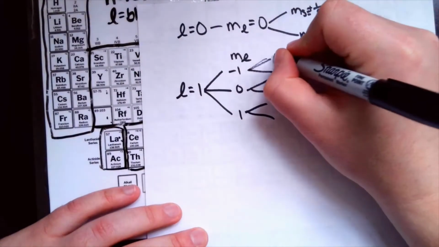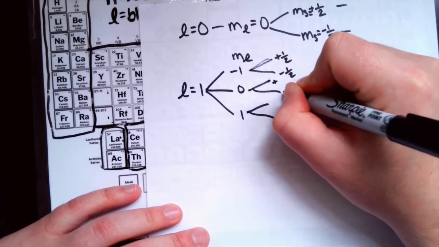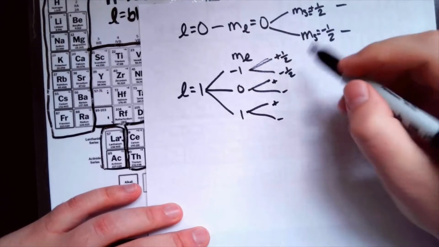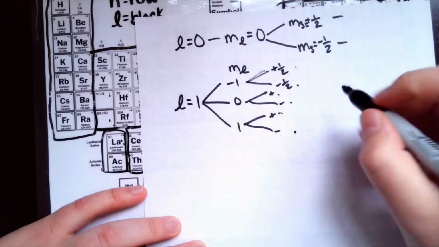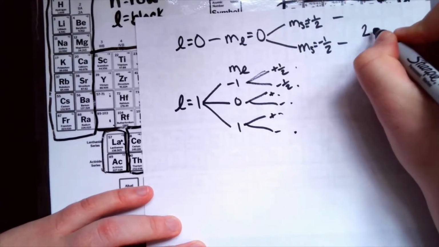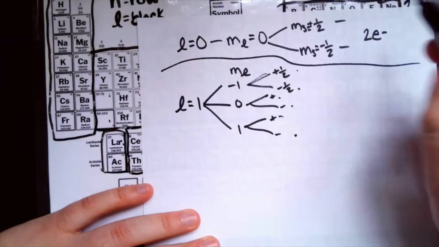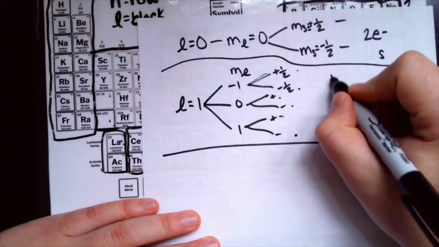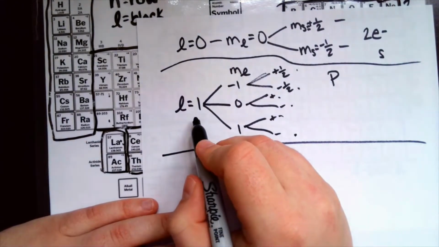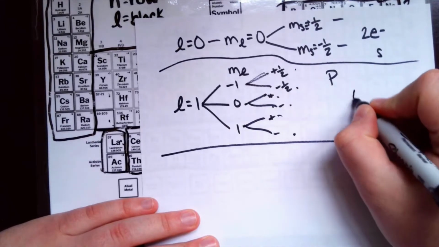So we've got plus 1/2, minus 1/2. This is plus, this is minus, this is plus, this is minus. So that's 1, 2, 3, 4, 5, 6. So there can be 2 electrons up here, as I said, right? And again, if L is 0, that means that it's an S subshell. In a P subshell, which is when L is equal to 1, we can have, again, 1, 2, 3, 4, 5, 6 total electrons.